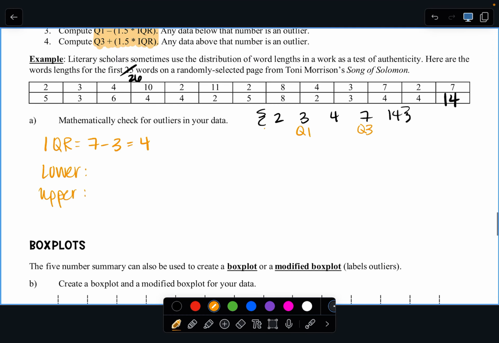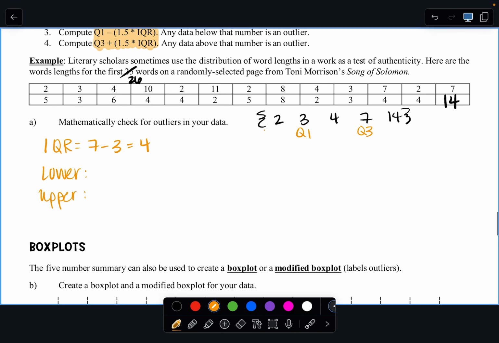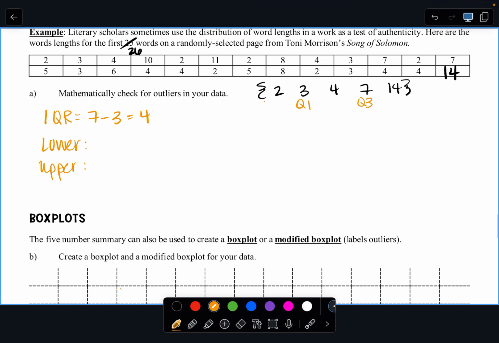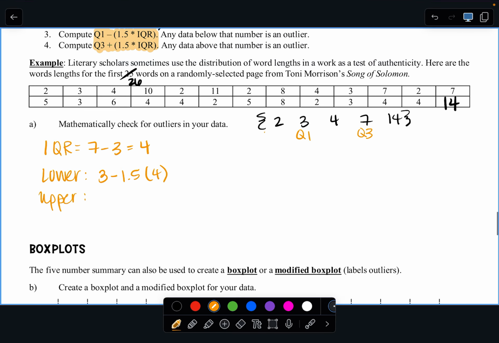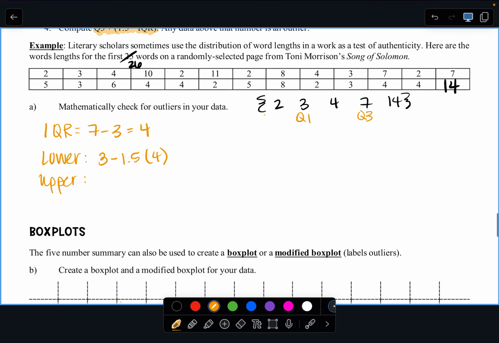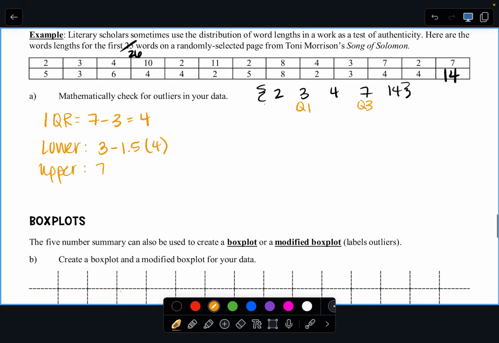So the lower is Q1 minus 1.5 times IQR. So I'm going to do 3 minus 1.5 times IQR. And the upper is Q3 plus 1.5 times IQR. So I'm going to take Q3, which is 7, plus 1.5 times IQR.